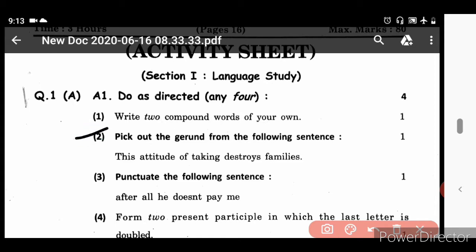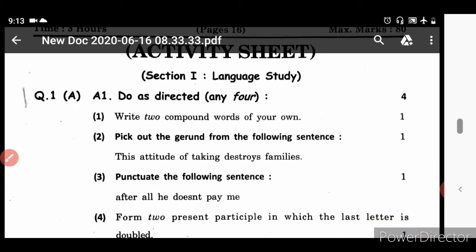Question number 2, find out the gerund from the following sentence. A sentence is given and you have to find the gerund in it, and you will get 1 mark for that.